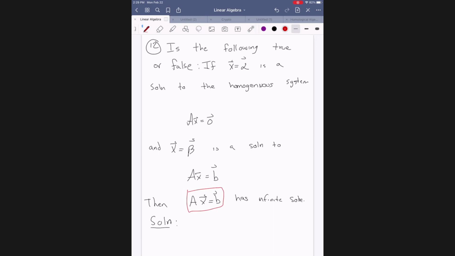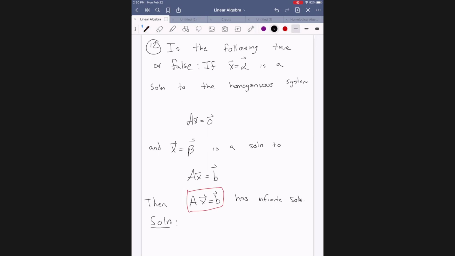Say, okay, I know that x equals alpha is a solution to that homogeneous matrix thing over there. What does it mean to be a solution? If I plug it in, it gives me 0, right? And I know that x equals beta is a solution to Ax equals b. And again, what does that mean? It means if I plug in x equals beta, it should give me b, right? So let's use that, okay?